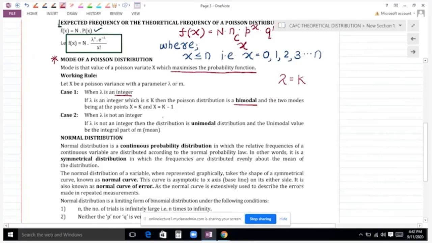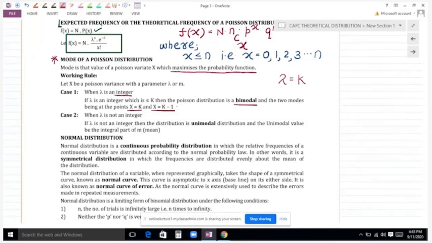Number one is x is equal to k, and number two is x is equal to k minus 1.